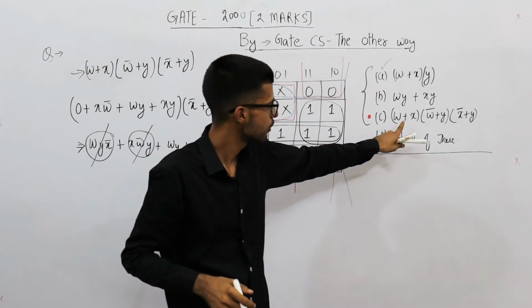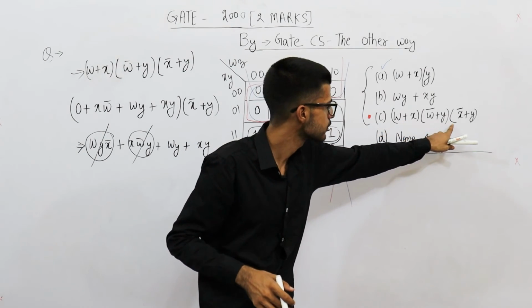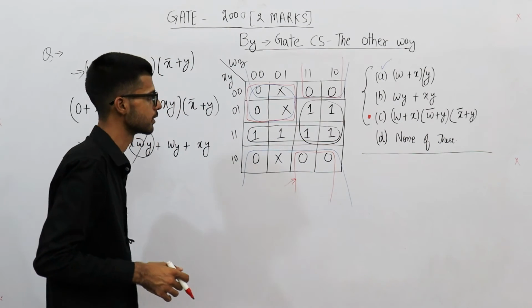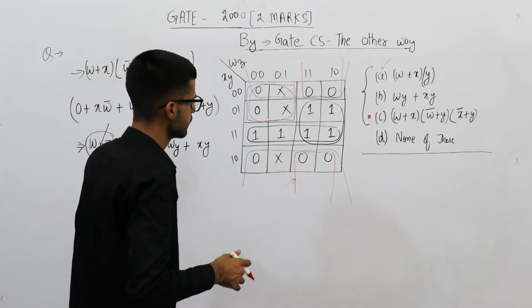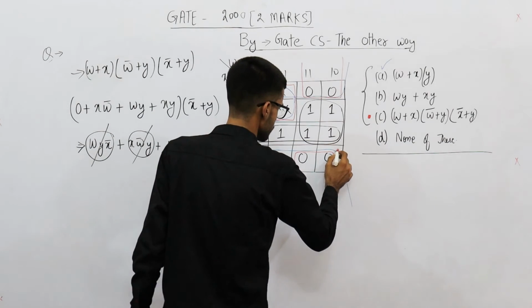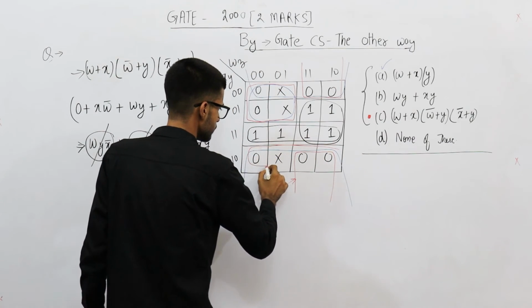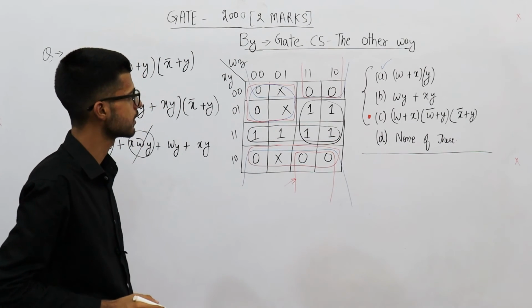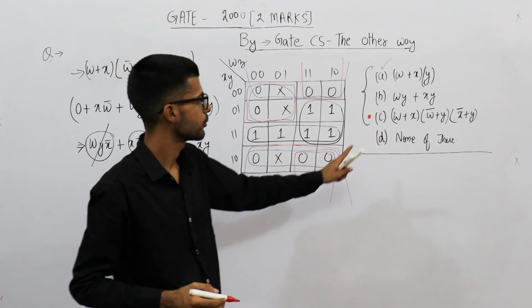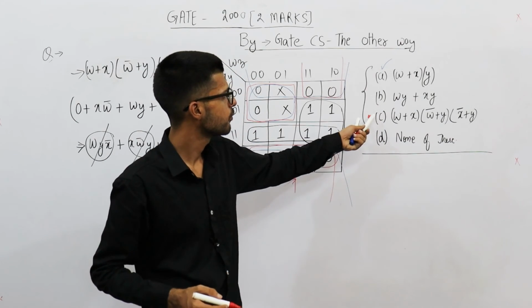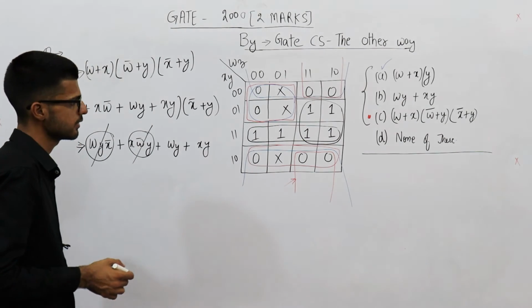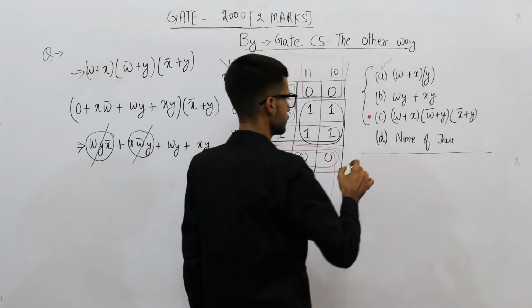But because I want to just show you that this expression could be derived from this K-map, that's the reason I'm doing this grouping. Okay, and next group that will be formed is this one, like this. Okay, so the groupings that I've done in red are for option C. Anyways, we have proved that all A, B, C are equivalent. Okay, so your answer is none of these.